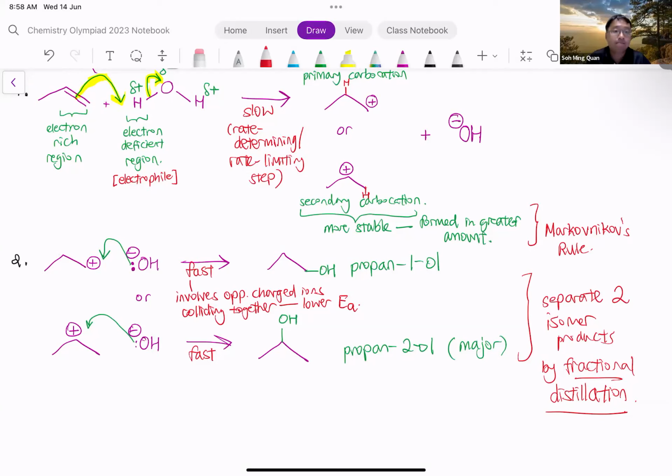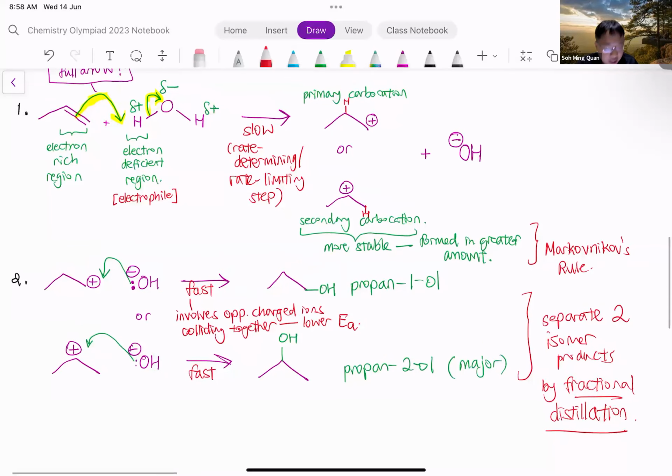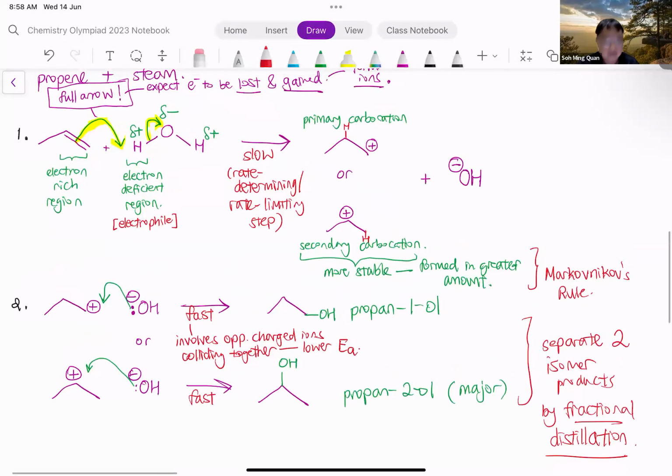Now, so today has been a quick introduction to 2 mechanisms, namely free radical substitution of alkanes and electrophilic addition of alkenes. The key thing in organic chemistry is to draw the mechanism and to be able to reason the mechanism out. So what do I mean by reasoning the mechanism out? Over here, I've shown you propene plus steam.